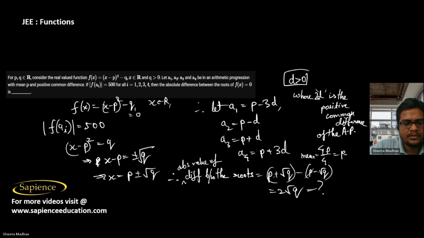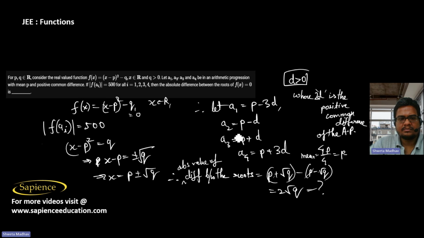Now it is told that mod of f of ai is equal to 500. Suppose we take a3, so mod of f of a3 will be equal to 500.